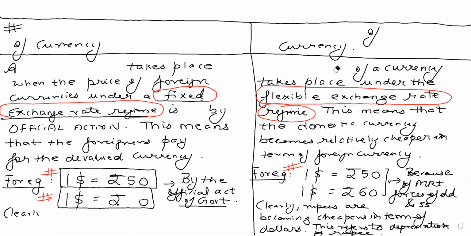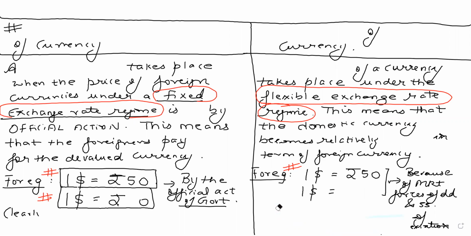Okay, so I am just erasing those parts which are irrelevant now. Okay, so now we can use the same explanation and we can talk about revaluation and appreciation. So revaluation of a currency, and appreciation of currency.